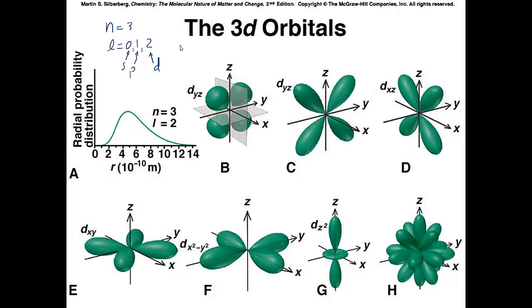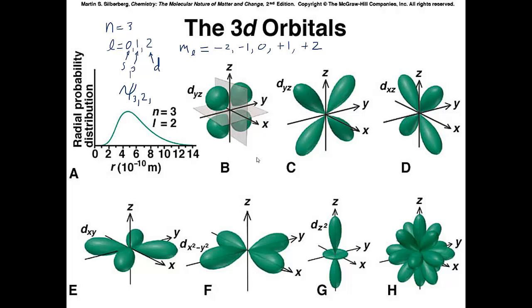If L equals 2, m sub L can take on the values -2, -1, 0, +1, and +2. Those are the possible values, and so there are 5 of those. So for the wave function that has n equal 3 and L equal 2, there are 5 different wave functions corresponding to these 5 different m sub L values.